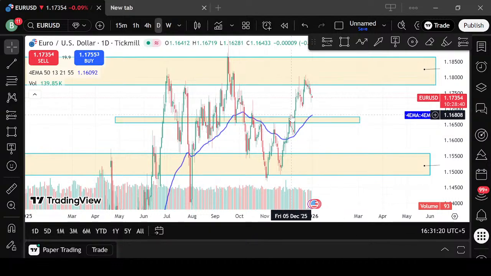Now it is support. And if I talk about the resistance, I think the resistance of the daily time frame and the weekly time frame is the same. There is also another resistance, but it doesn't matter. It doesn't matter, but we have to draw it. Here is also a small resistance.